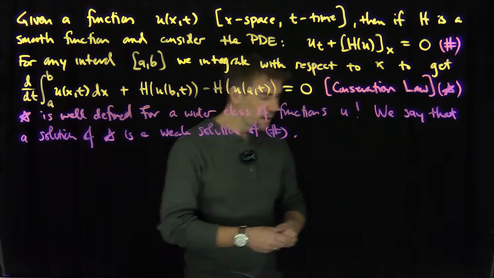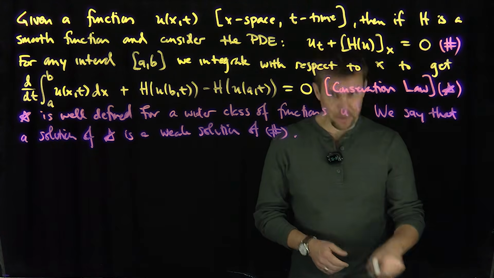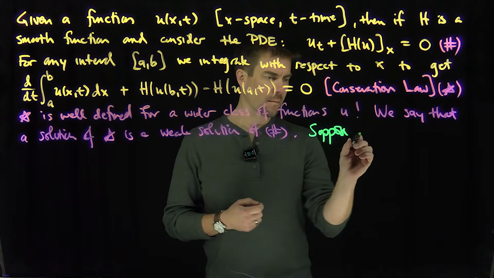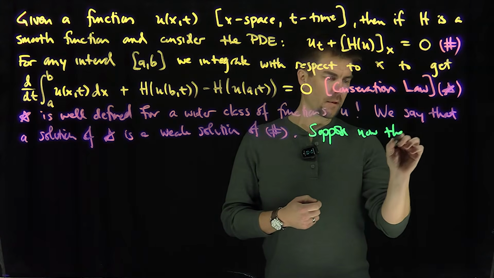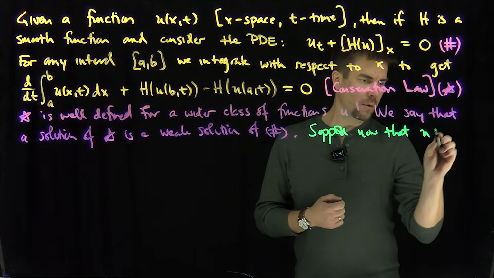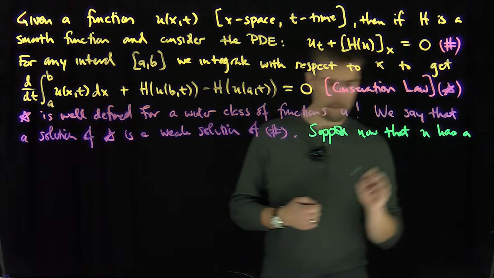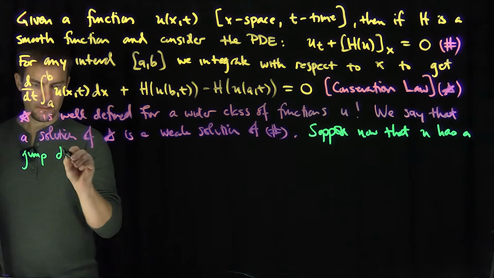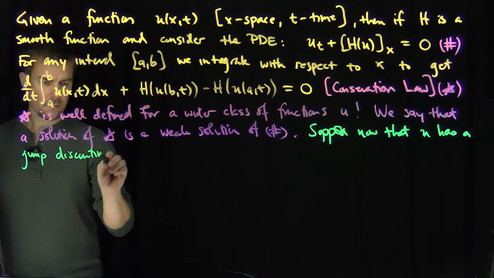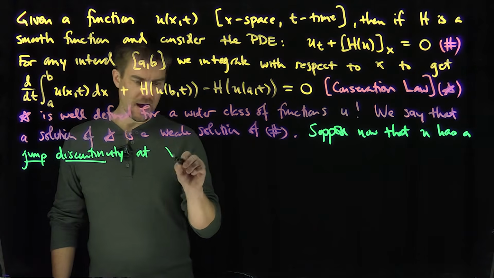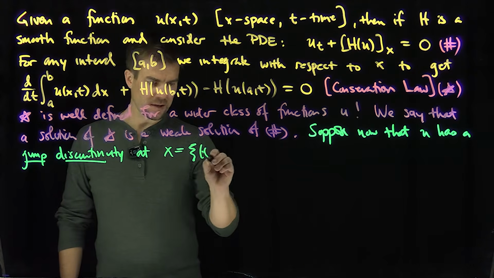Great. Now, let's suppose, and this is typically the case, that the function u for the conservation law has a jump discontinuity at x equals x_c of t.